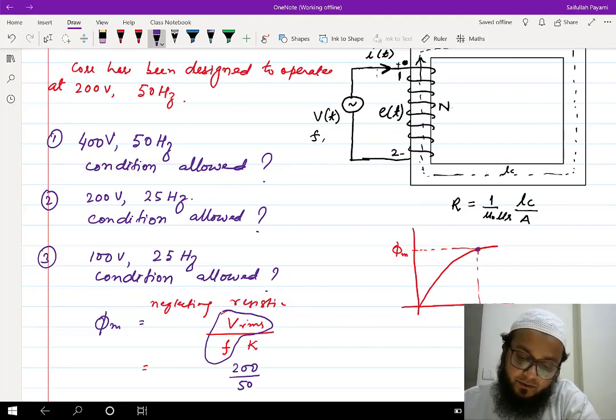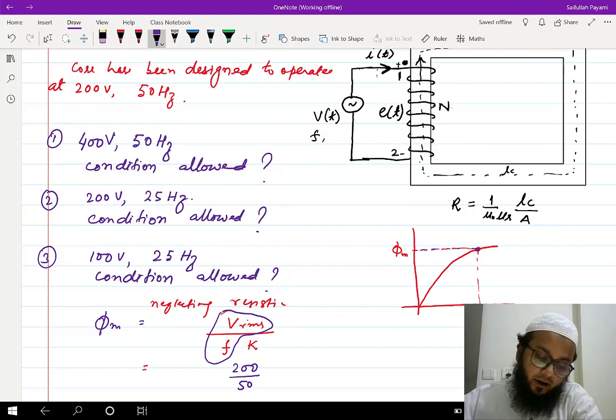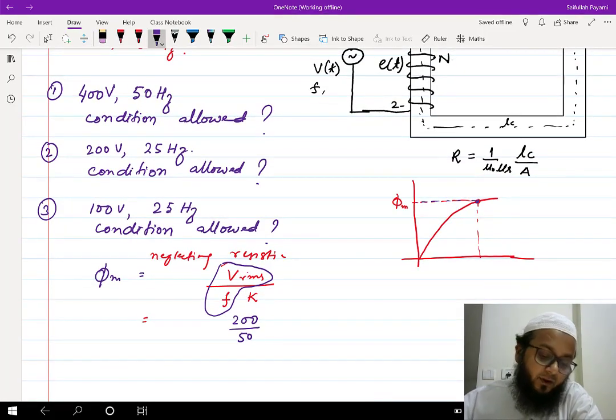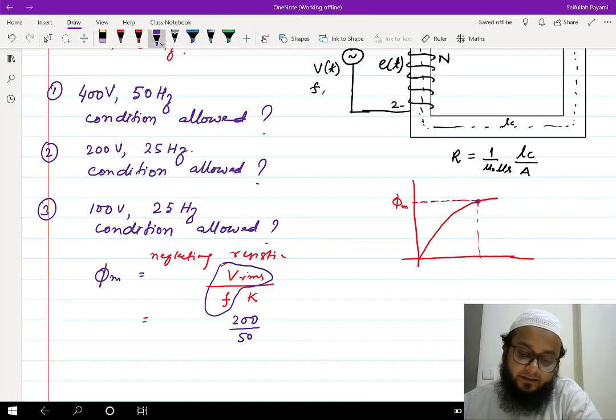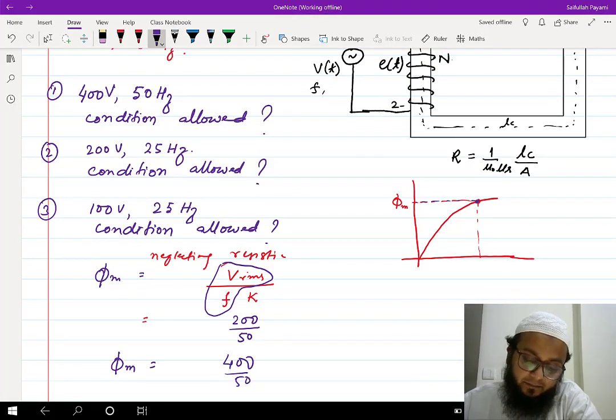Now for condition 1, 400 volt and 50 hertz, I have increased the voltage, so phi m would be 400 by 50. Neglecting the constant, this becomes 4, so this phi m1 would be 2 times phi m.